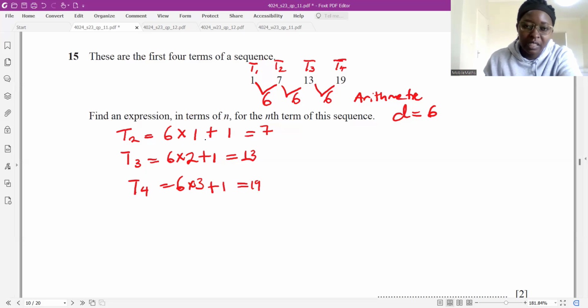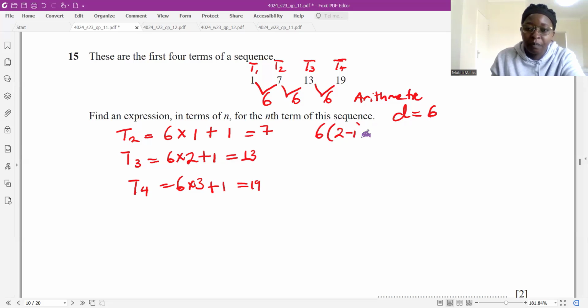I can rewrite this using the term number, because here I was saying this is a general term. I was just checking how we are getting term 2, 3, and 4. I can generate using their term positions and say, for term 2, 6 by 2, that's our position number 2, minus 1, then plus a 1.